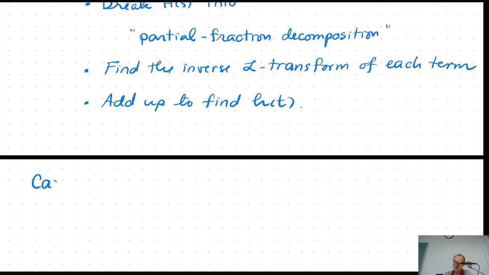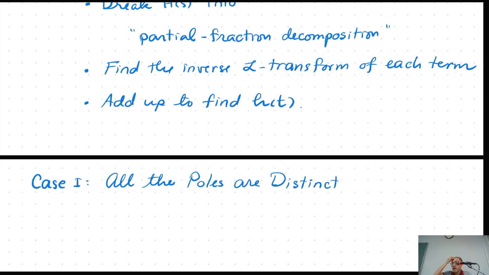Case 1: when all the poles are distinct. In other words, there are no repeated poles. No poles are repeated.